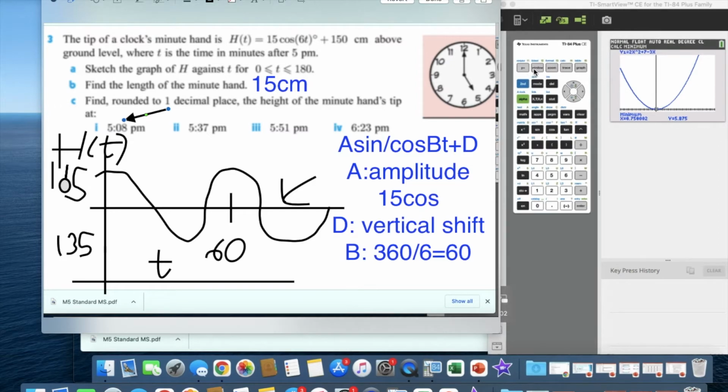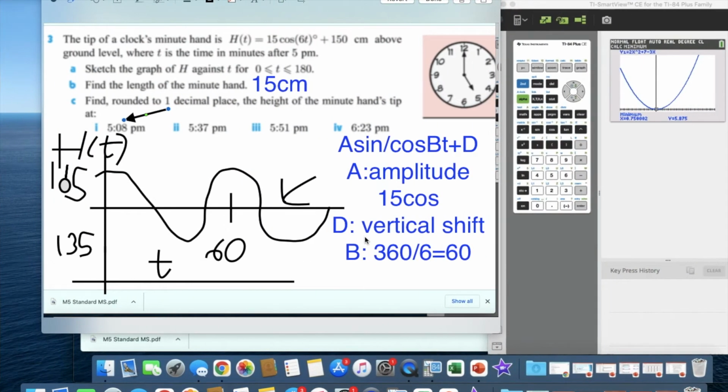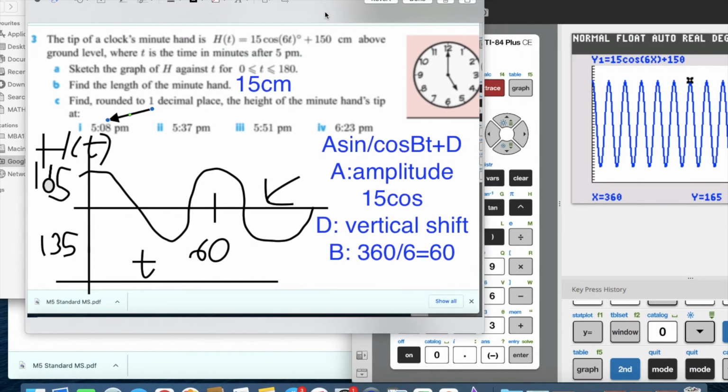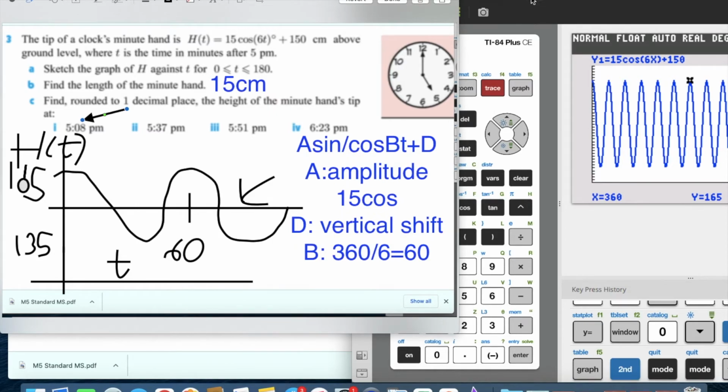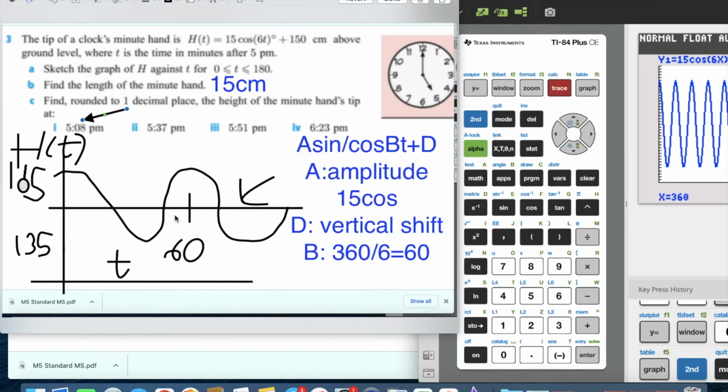So I'm going to change my window a little bit more. Now I understand exactly what the problem is about. With this particular problem, what we've done is we've changed the window based upon the period being 360, but we actually want the period to be just 60.